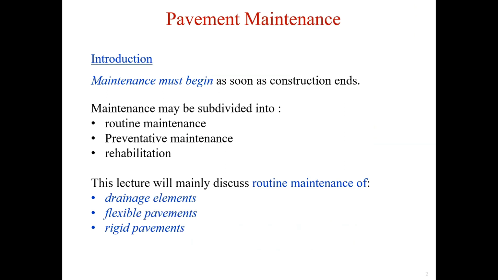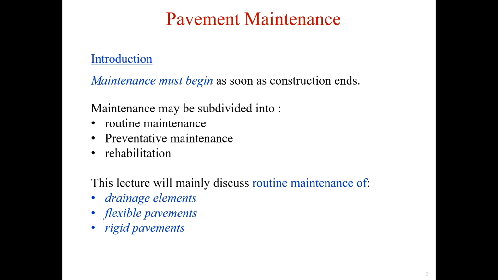Like all other structures, pavements are subjected to deterioration, which commences as each part of a pavement is completed. Some defects, which are visible or measurable evidence of failure or other undesirable condition, may affect the safety, serviceability, structural capacity, or appearance of the pavement.